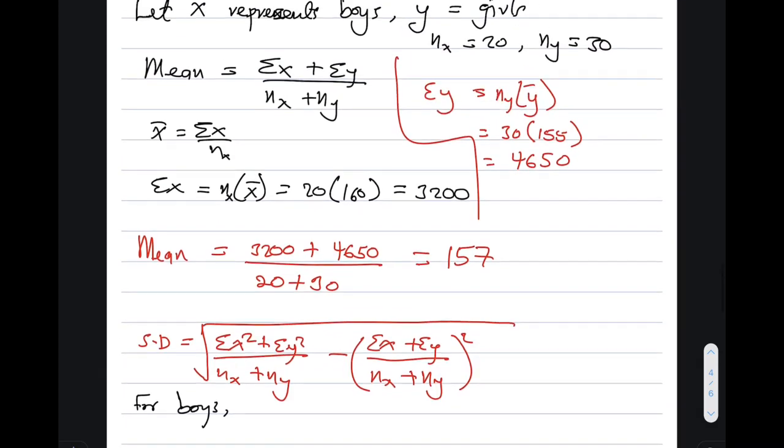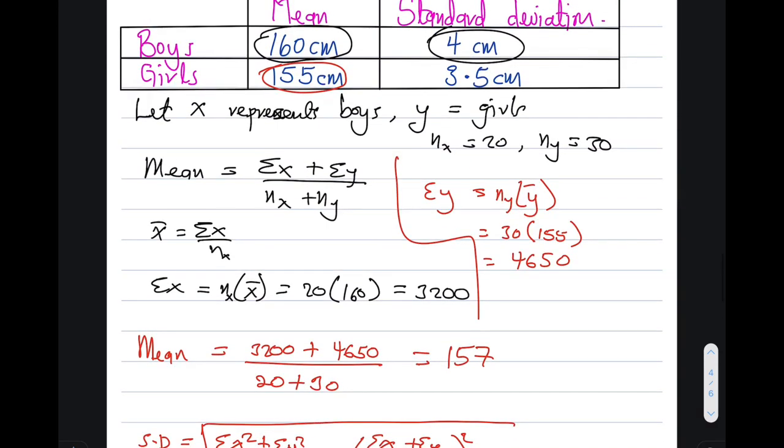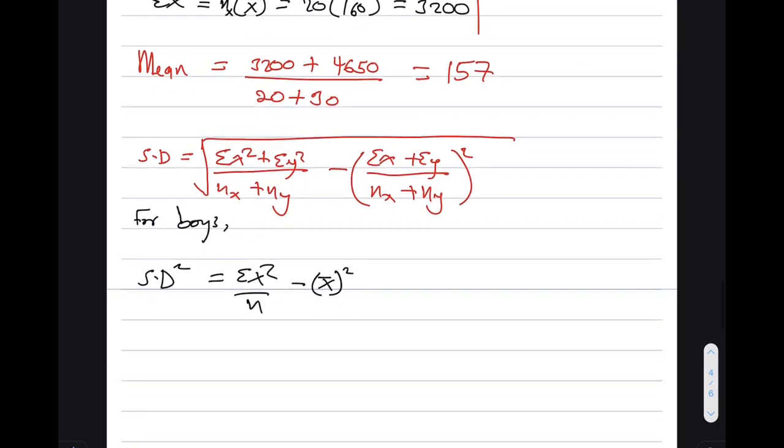Now from the table, we know for the boys that the mean is 160, the standard deviation is 4, and the number of boys is 20. So we can just substitute.